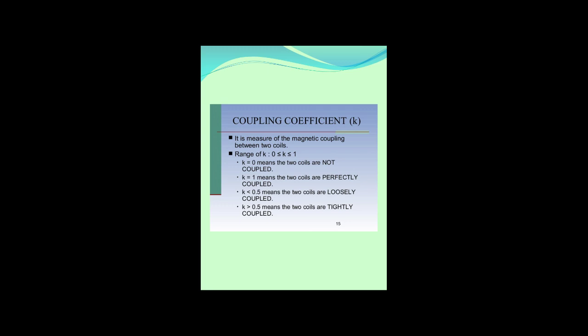If K is less than 0.5, the two coils are loosely coupled, and if K is greater than 0.5, the two coils are tightly coupled. So K depends on the closeness of the two coils, their core, their orientation and their winding. The coefficient of coupling K is given by K is equal to M divided by root of L1 L2. So M is equal to K root L1 L2.